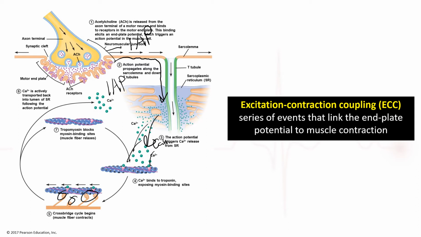Calcium itself, when it elevates in the intracellular fluid, the cytosol, it binds to and activates the SERCA pumps. The more calcium in the cell, the more active the SERCA pumps become. And this happens immediately.